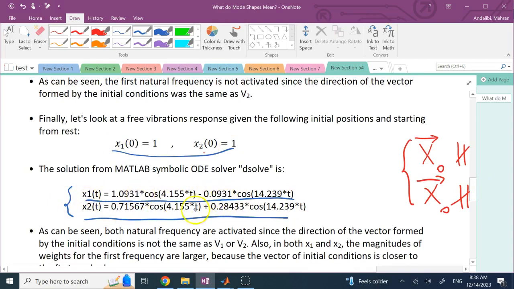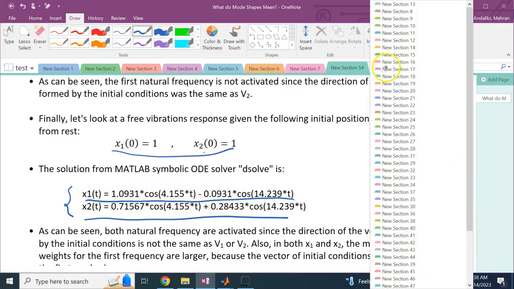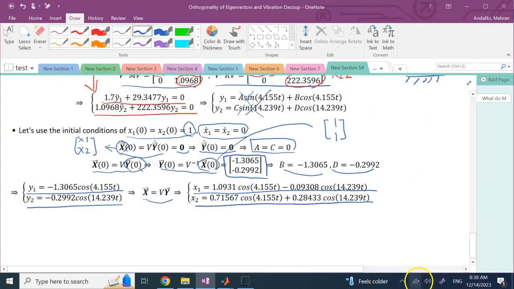And if you look at those numbers and the frequencies, that's the exact same thing that we found this time. Right? So we can go either way, but this decoupled way, you can always get it to solve easily because your ODEs, as I said, are decoupled. So you can solve them individually.